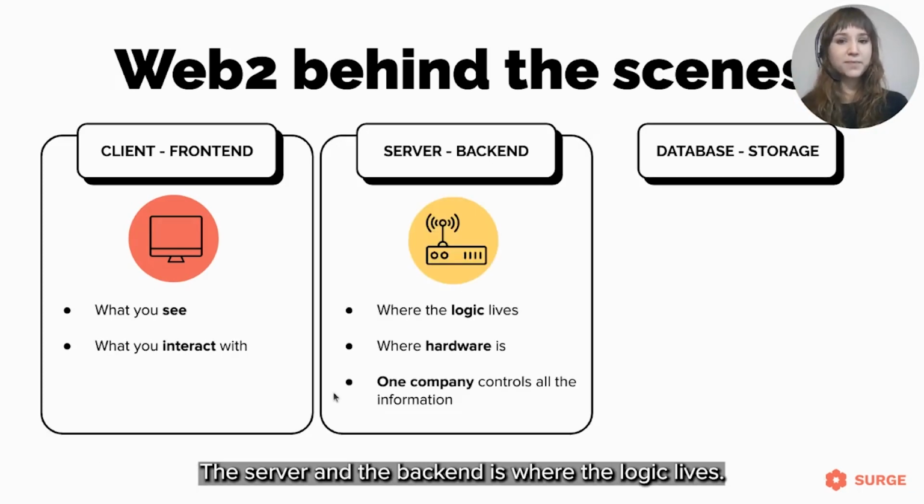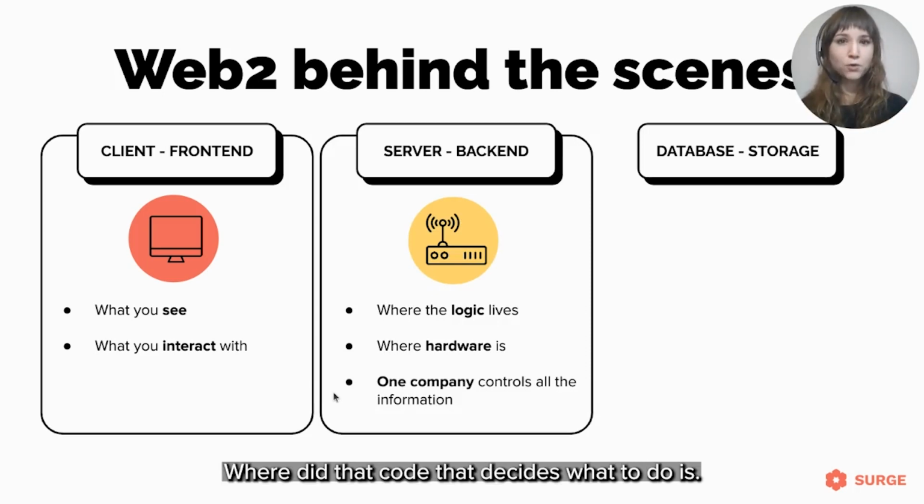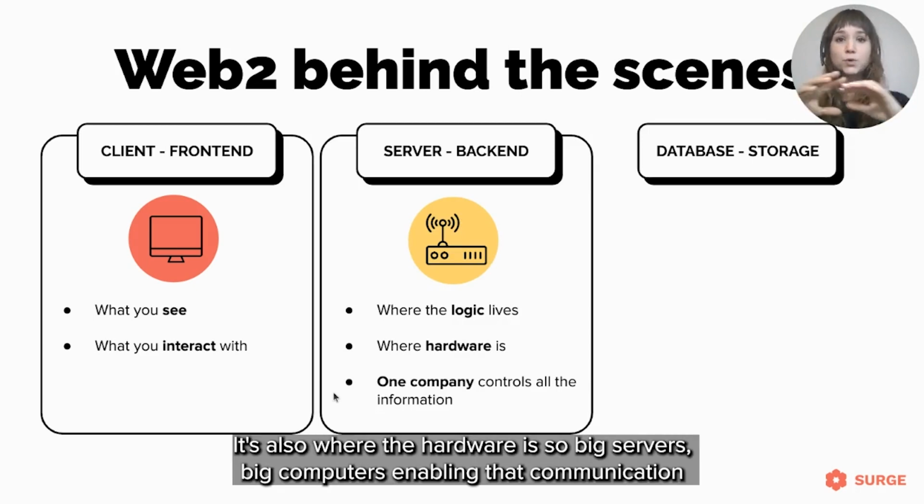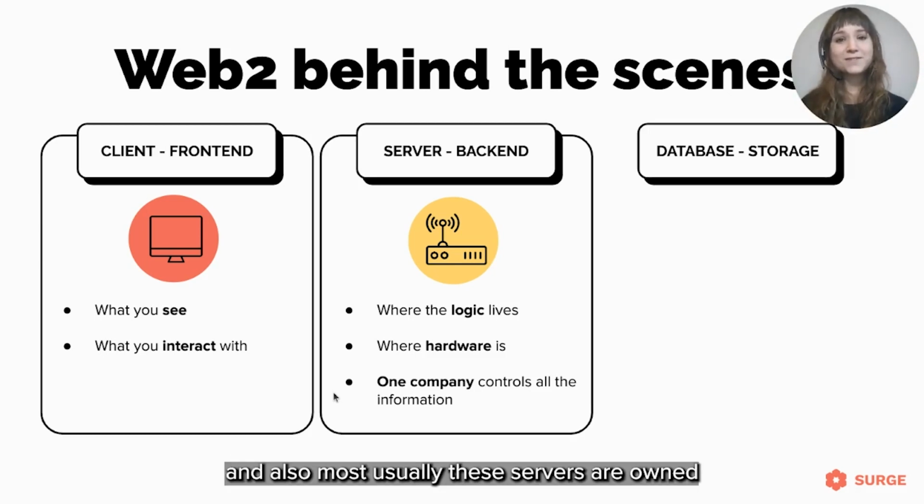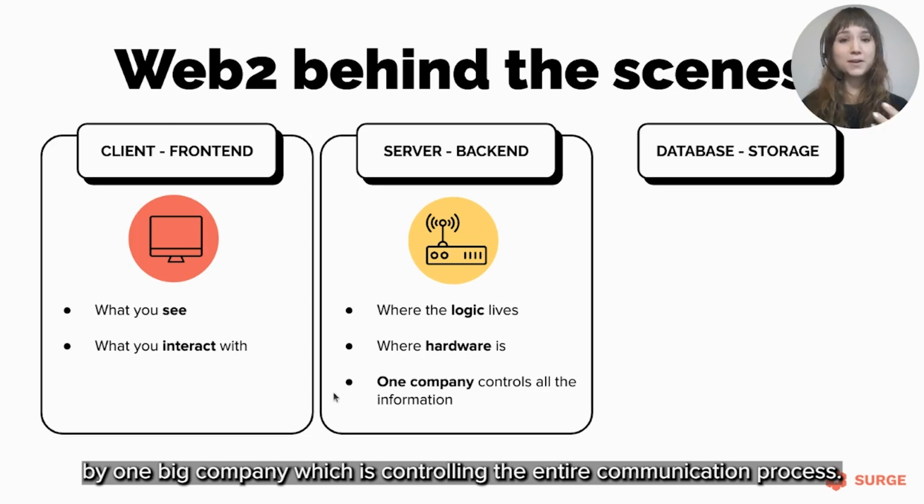The server and the backend is where the logic lives, where the code that decides what to do is. It's also where the hardware is, so big servers, big computers enabling that communication. And also, most usually, these servers are owned by one big company, which is controlling the entire communication process.